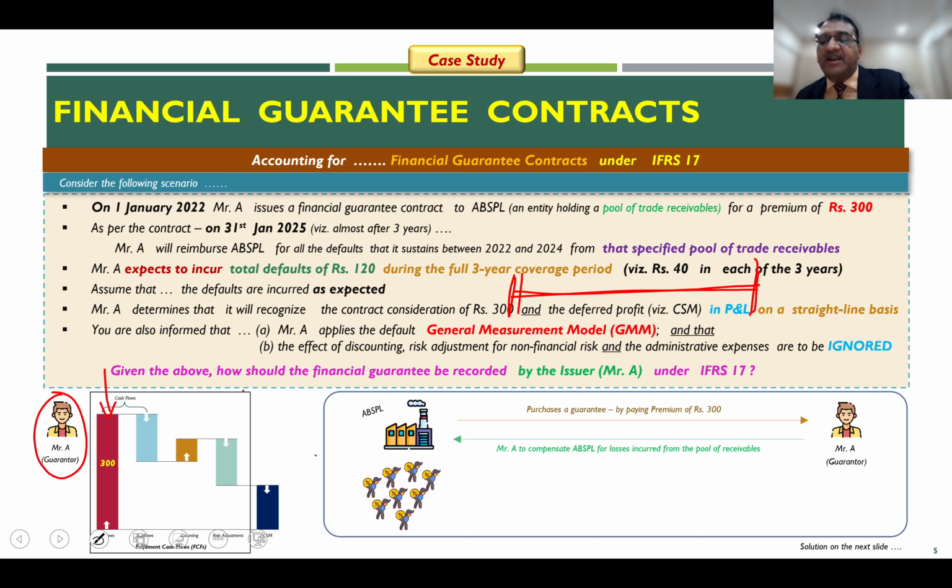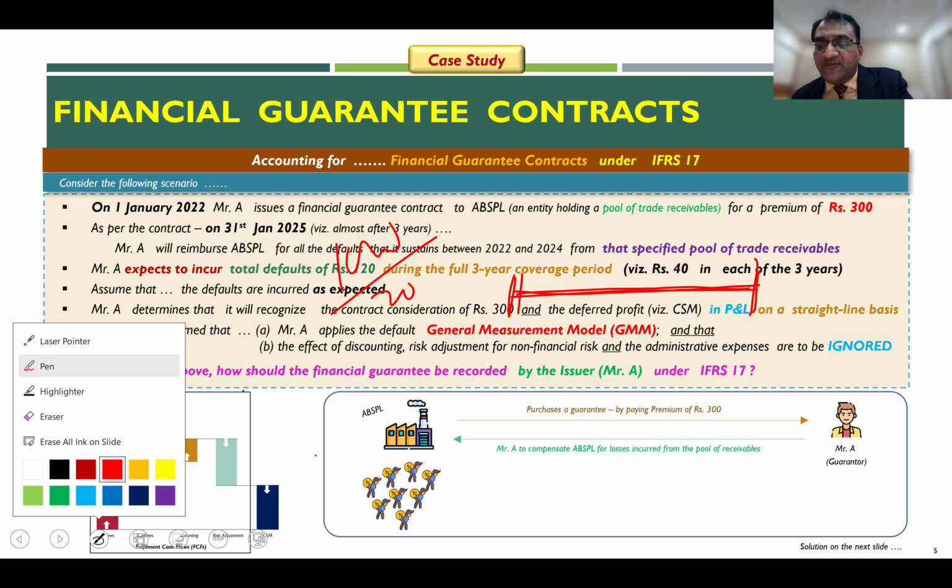Let us say this red bar denotes inflows by way of the premium which you expect from the policyholder. Then this bar represents outflows. It is possible that if you have 1,000 policyholders, there may be claims arising out of, let's say, 20 such people out of that 1,000. So what are the expected cash outflows estimated by the entity out of the pool of the insurance contracts?